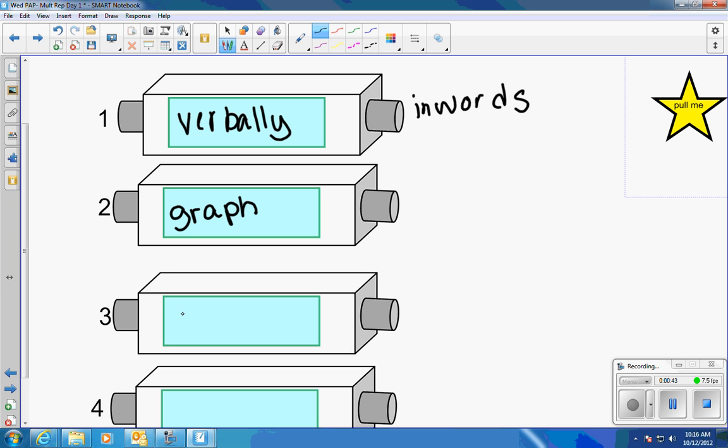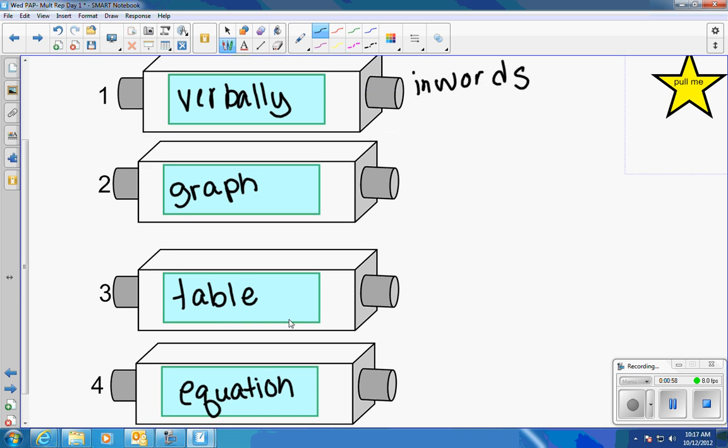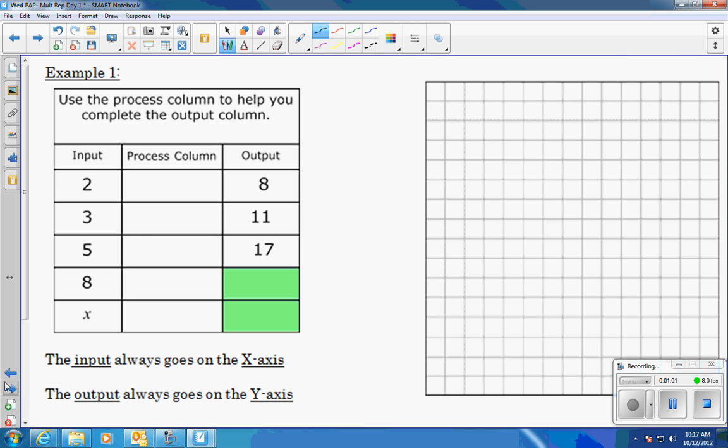You can have a table or chart. You can also have an equation. So all of these represent the different ways that you can do a math problem.